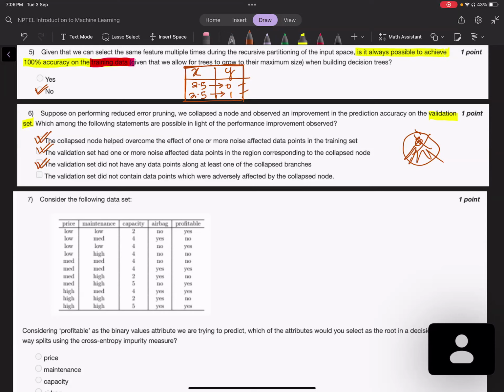So due to this reason, option D would be likely incorrect. Okay, and options A, B, C would be correct.